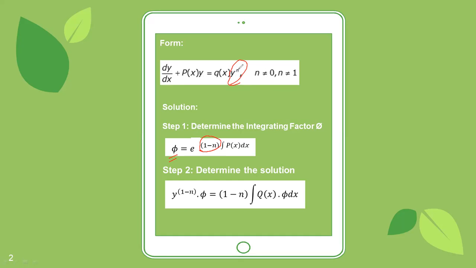You identify what this n is, and your integral, which is p of x dx, should have a constant written before it, which is 1 minus n. The formula in finding the integrating factor will have 1 minus n. Now, your step 2 is, of course, the formula already.